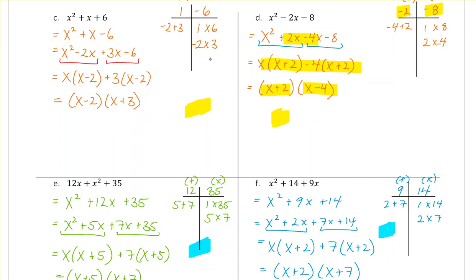What do you notice about your magic numbers? Well, when it's negative, here, you needed to have -2 and positive 3. Here, you had to have 2 and -4. You notice that one of your values is positive and one of them is negative. That has to be true every time. When you're trying to multiply to obtain a negative number, one of your factors, your magic numbers, must be negative, one must be positive. That's the only way you're going to obtain a negative value.